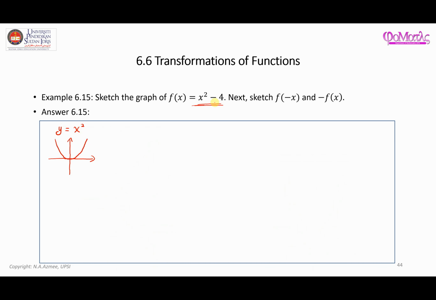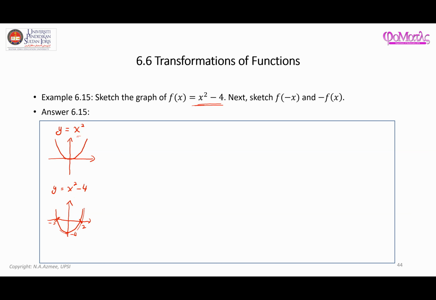So if you have y equals x squared minus 4, that means this graph will be shifted 4 units down. So it will be at negative 4, and it will cross this line here at this point. This one will be 2 and negative 2. So this is how y equals x squared minus 4 looks.